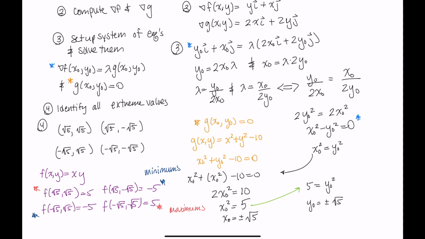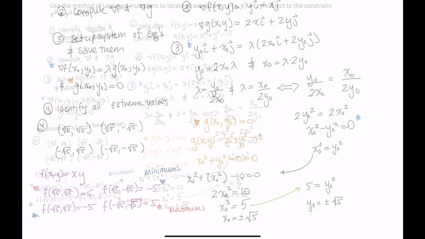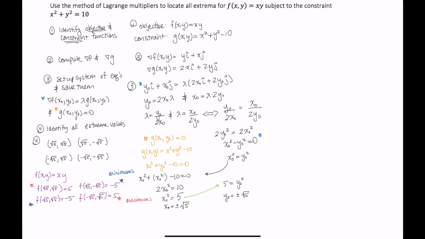Let me make a little more space so I can write out the results. All right, you can see that I made more space here, so let's write out our result, or conclusion would be a better word. Conclusion: the maximums are at the points root 5, comma root 5, comma 5, and negative root 5, comma negative root 5, comma 5.